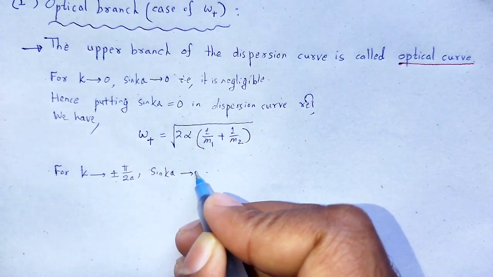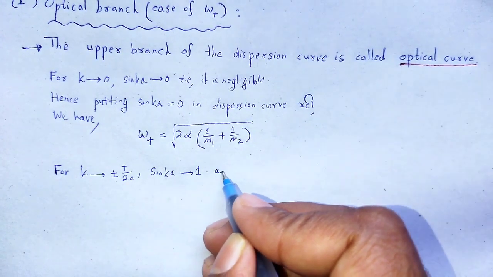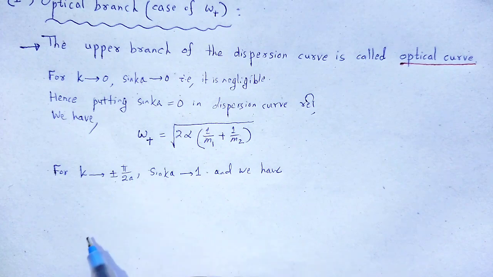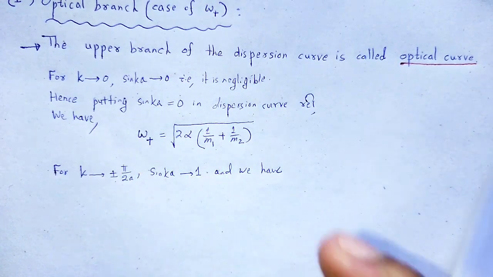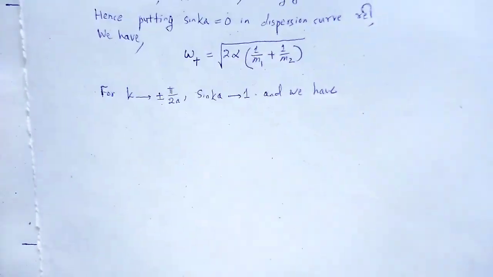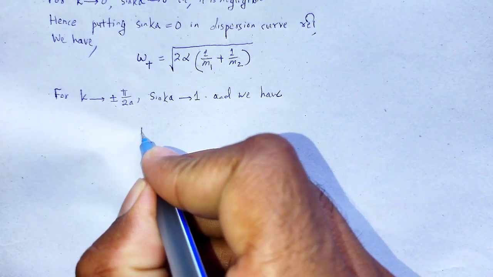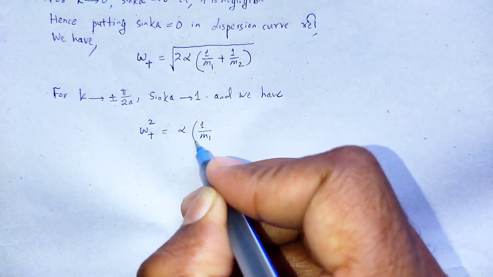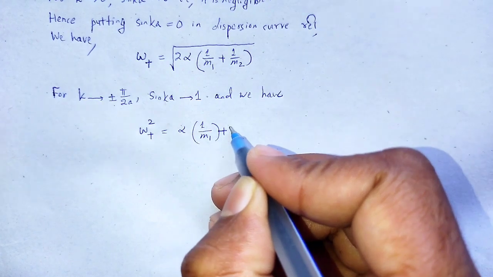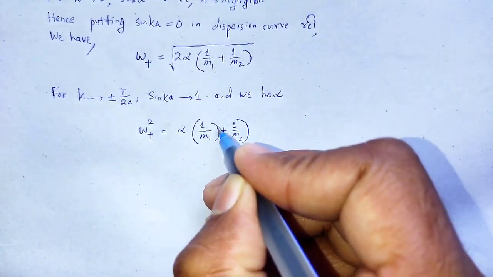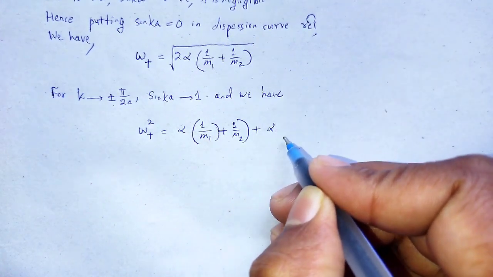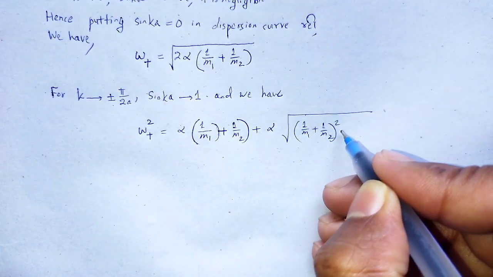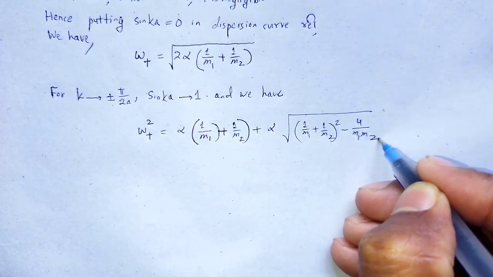Therefore, sin Ka tends to 1, and putting these values in the expression for omega plus, you have omega plus square is equal to alpha times 1 by m1 plus 1 by m2, plus alpha times under root of 1 by m1 plus 1 by m2 whole square minus 4 divided by m1 m2.